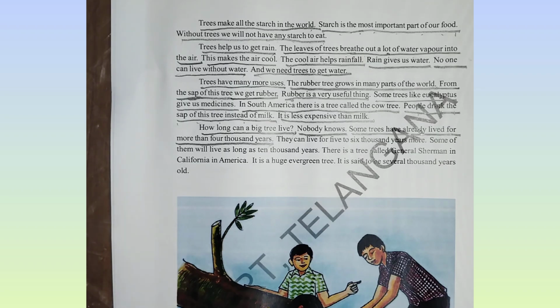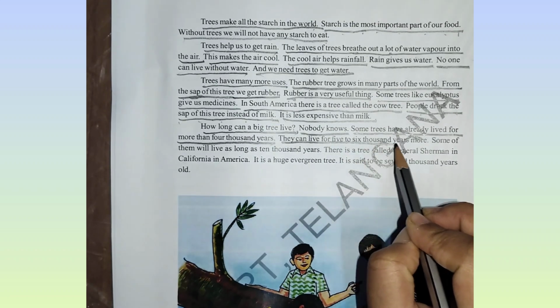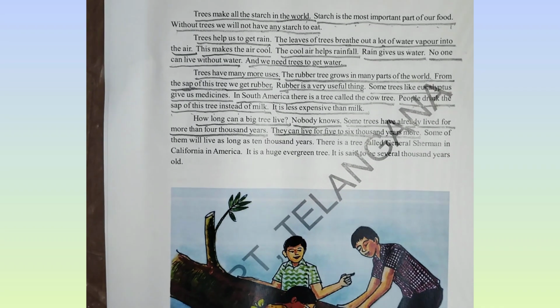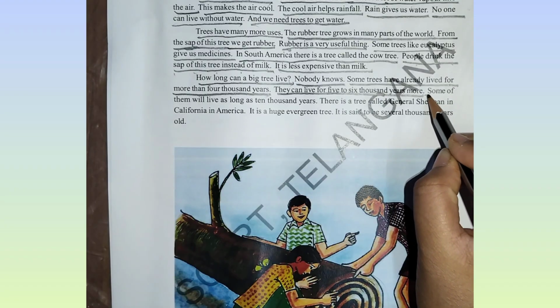We cannot say a tree can live only for certain years. They can live for 5 to 6,000 years and more.